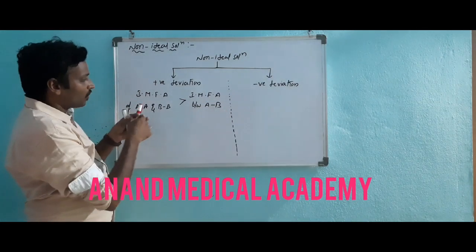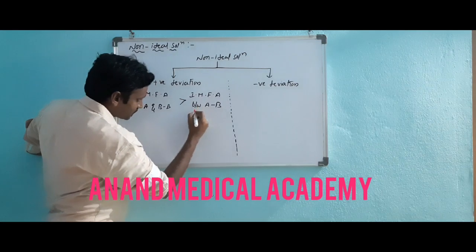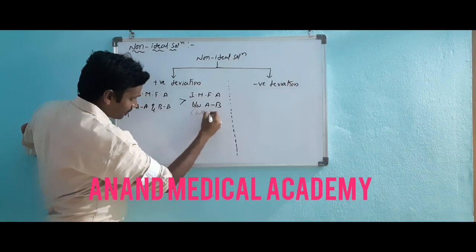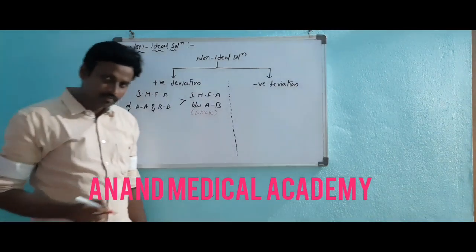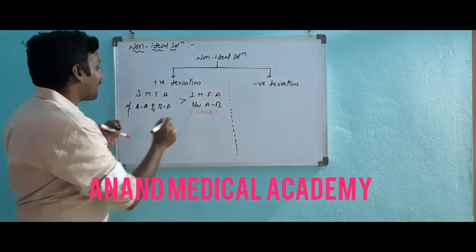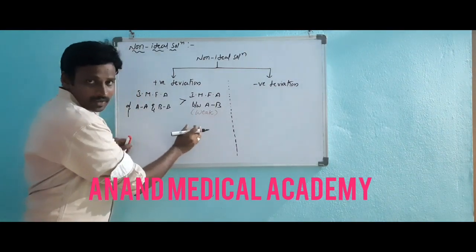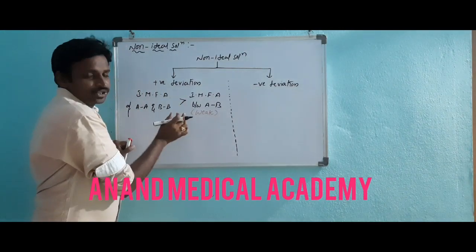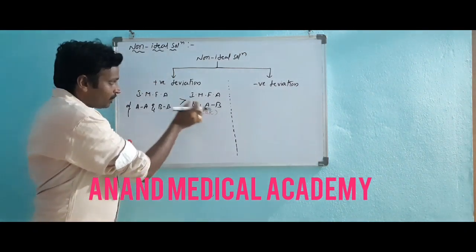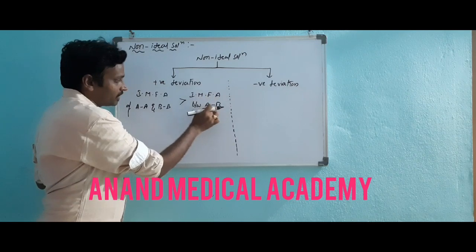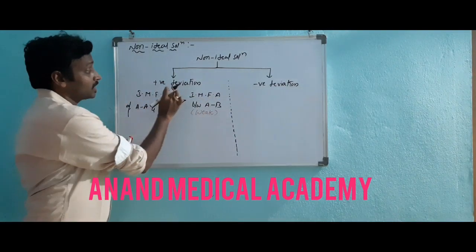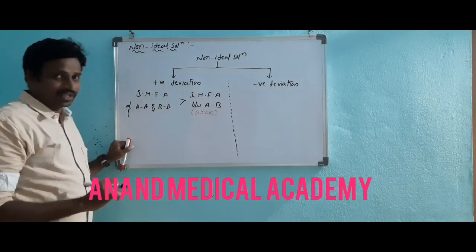So what I am telling you is that the intermolecular force of attraction between AB is weak. If a particular solute is dissolved in a solvent and the intermolecular force of attraction between AB is weak, then those kinds of solutions show positive deviations.